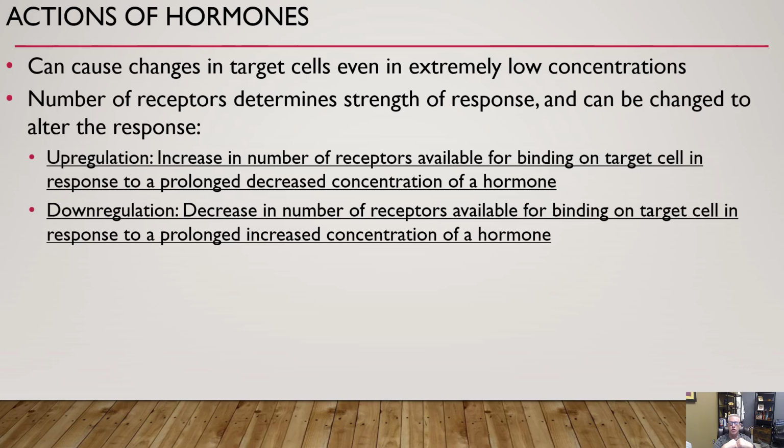If the cell is creating more receptors, that is upregulation. Because of the low concentration of hormone, the cell creates more receptors in hopes that it can bind more of that hormone.